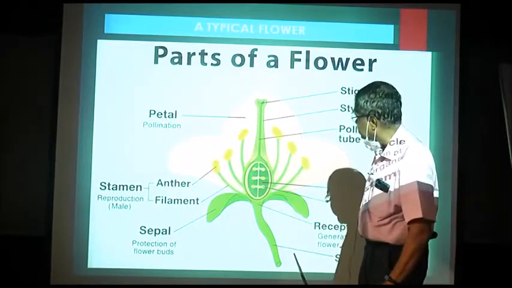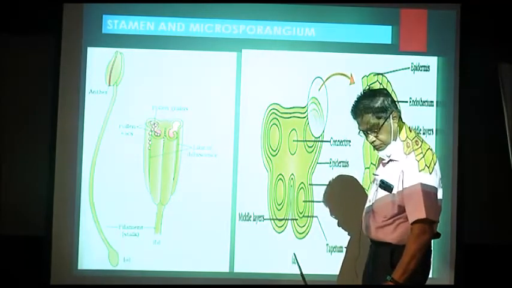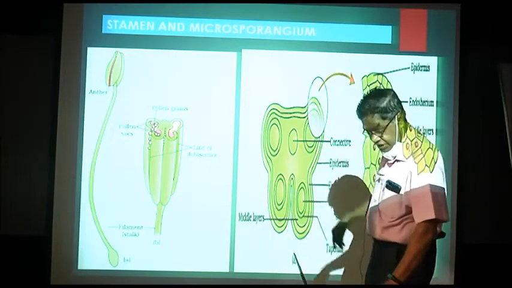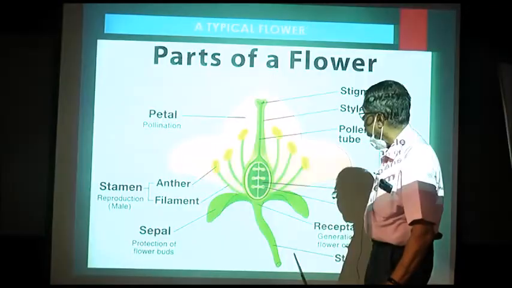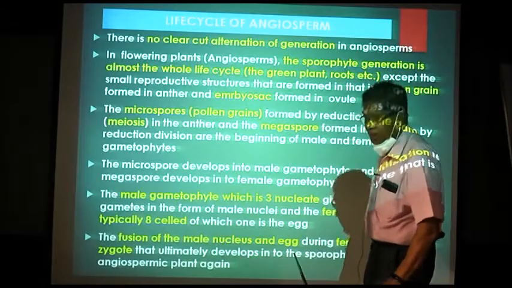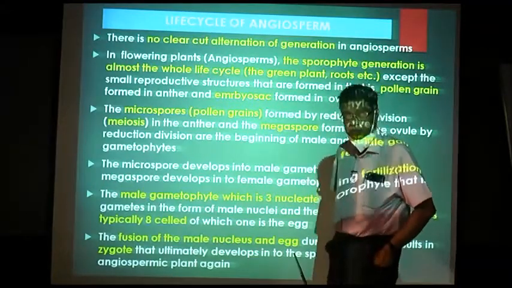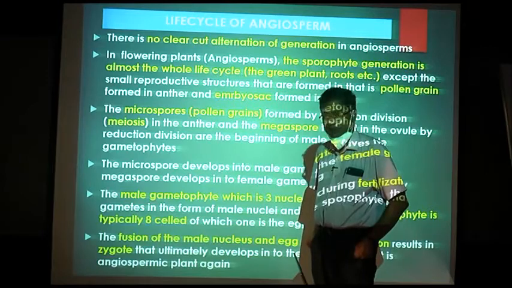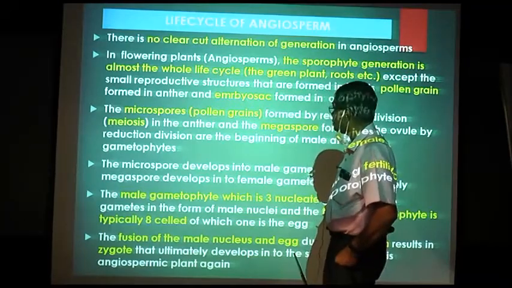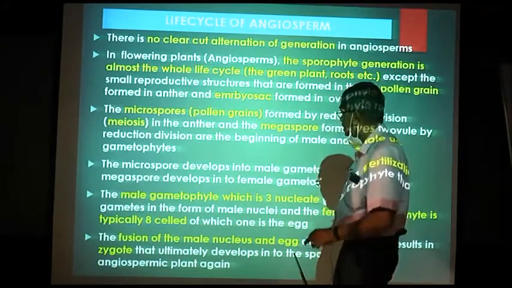What is sexual reproduction? Sexual reproduction is the process in which we have a union of male and female gametes. In asexual reproduction and in vegetative reproduction there are no male and female gametes, but in sexual reproduction there are male and female gametes.